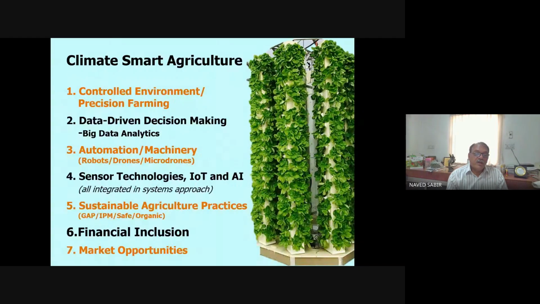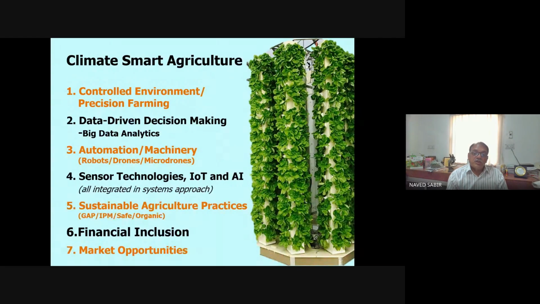Ultimately, you integrate everything and come out with a system which is virtually running all by itself, to the extent that you can achieve a touchless greenhouse where a human being will not even enter. And correlating with this are the marketing opportunities.